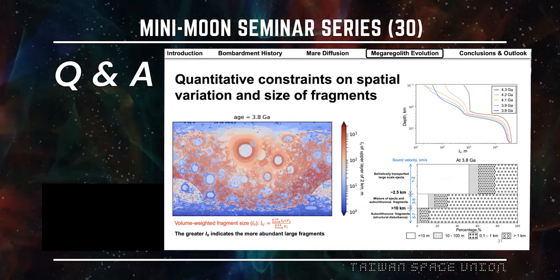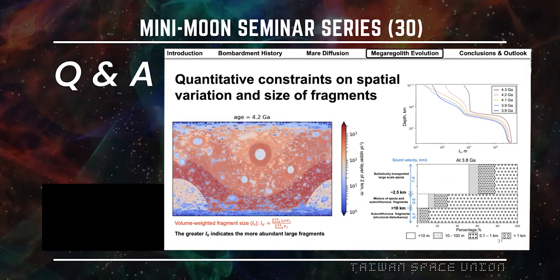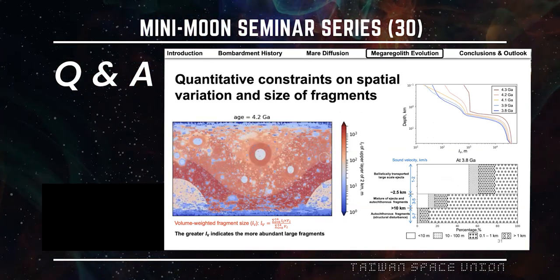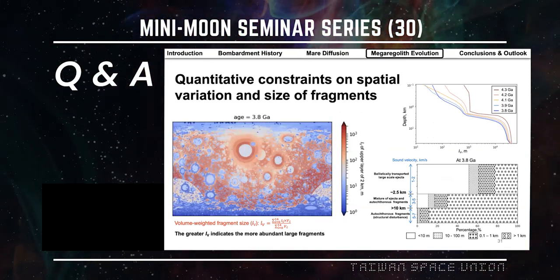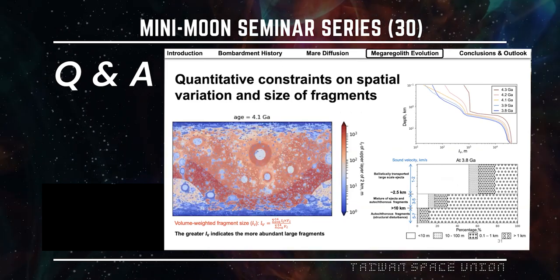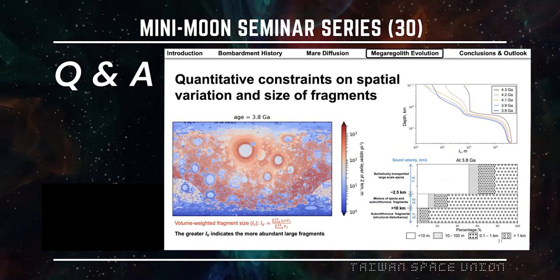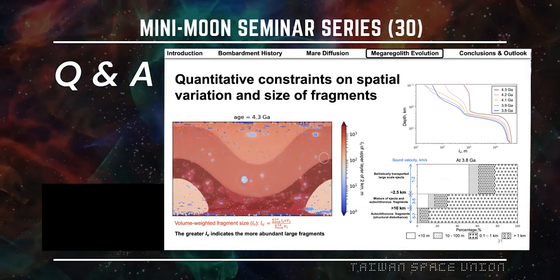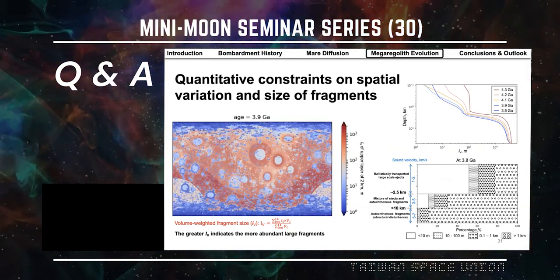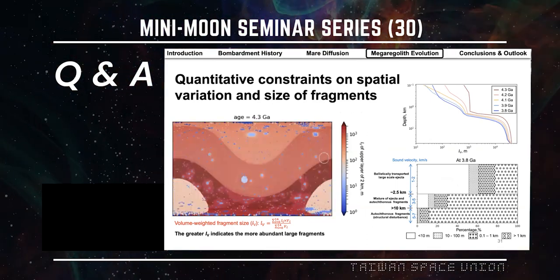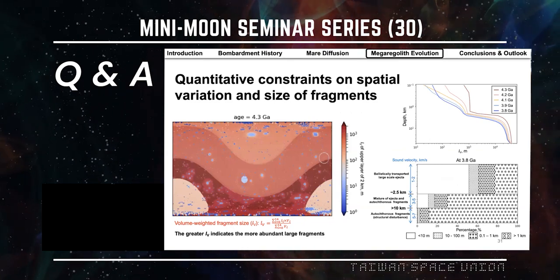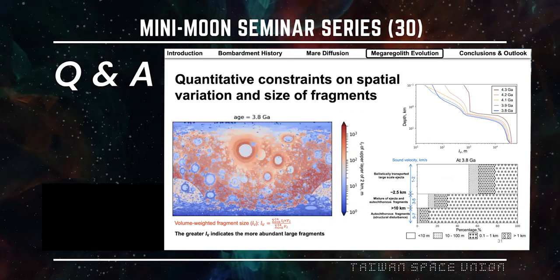Because South Pole Aitken Basin has a very large scale, it damages a huge amount of lunar crust and generates a huge amount of fragments with different size. And for a lot of regions, these fragments have thickness about 2.5 kilometers. So this is where the kink comes from. So that's the starting condition, right? Okay, I understand.